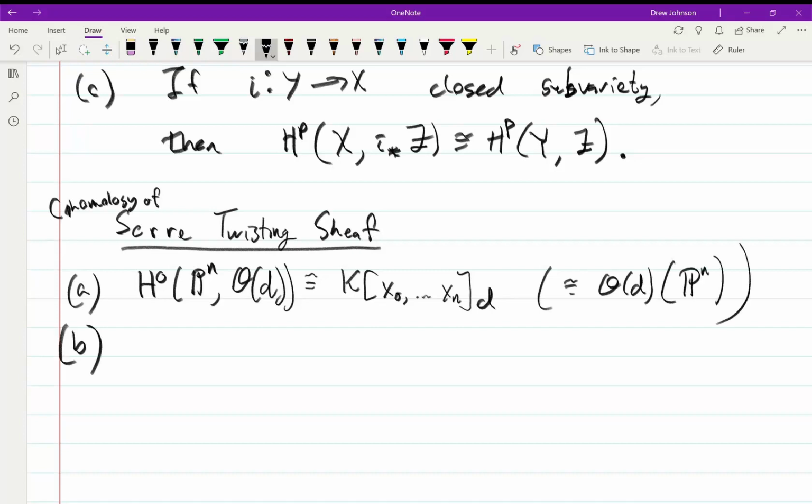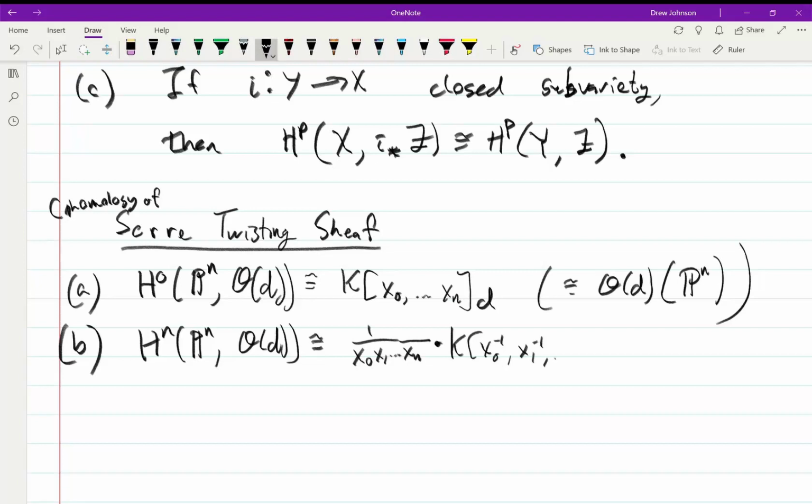All right, now let's look at H^n of P^n, O(d), where we're looking at the nth cohomology group where the n matches the dimension of the P^n. This is going to be isomorphic to 1 over x0, x1 through xn times the Laurent polynomials, and then take the degree d here.